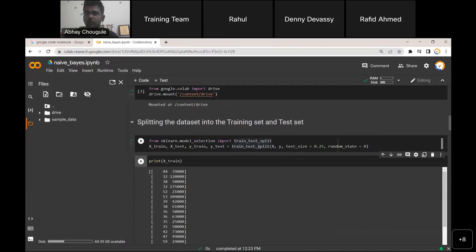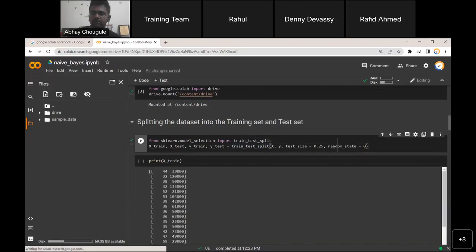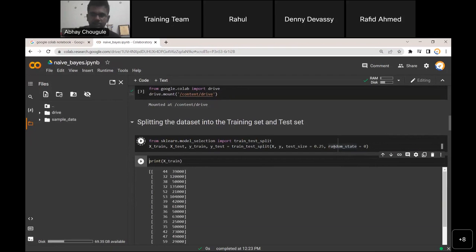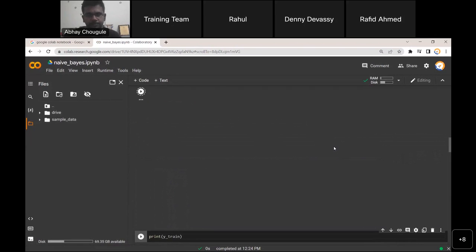This is already a familiar execution, because we have done this before. You can also pass it into the cross-validation technique. X_train, X_test, Y_train, Y_test, and I have taken 75% of the data for training.